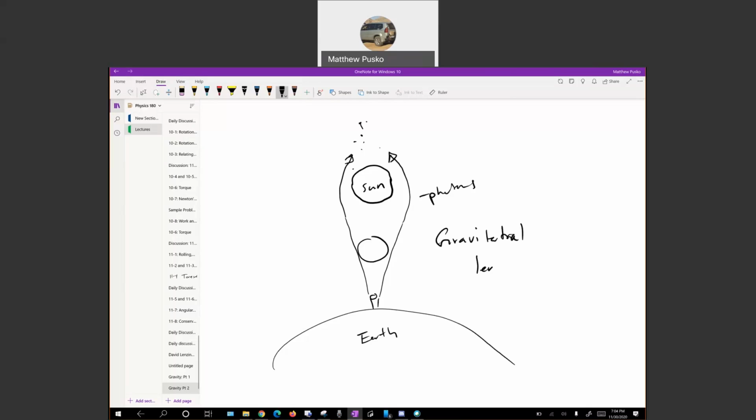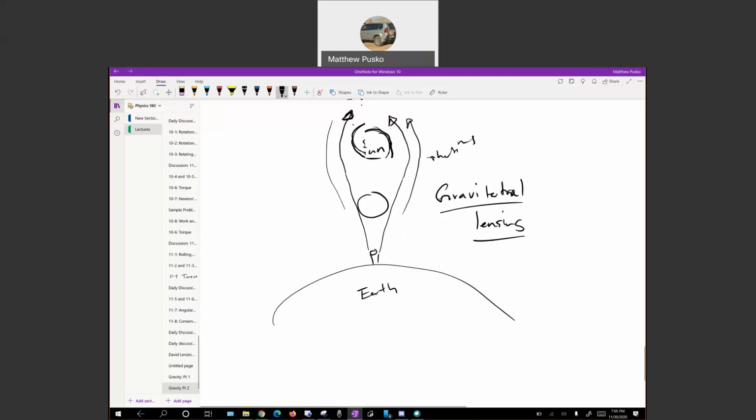You can actually look behind stuff by using the fact that supermassive objects, something like the sun or bigger, black holes, will bend the light and allow you to see behind. There's some great images out there if you were wanting to look at this more, but gravitational lensing exists.